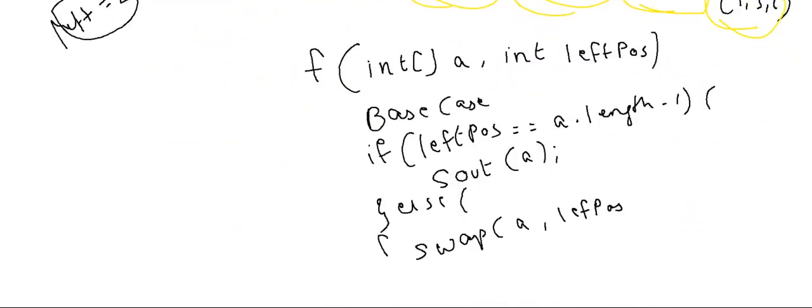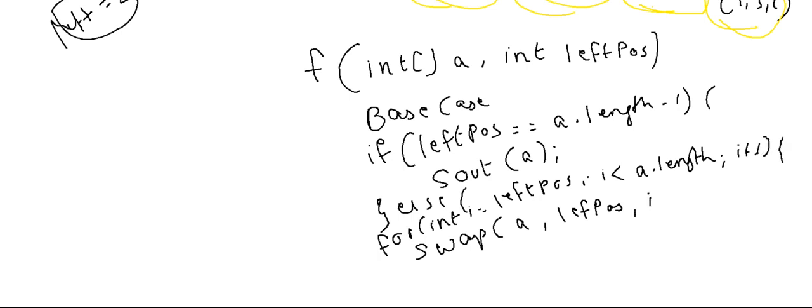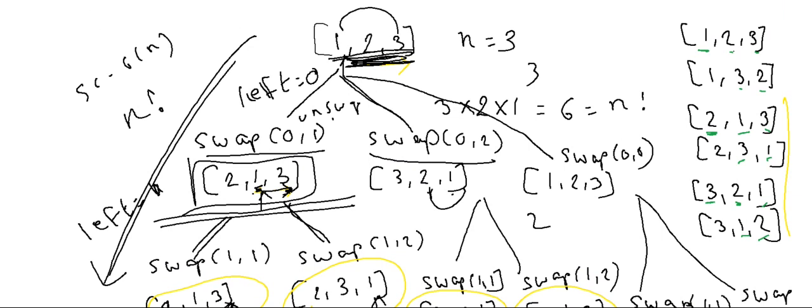So for integer i equal to left position, and i less than a.length, i plus plus, I'm swapping the element at the left position with the ith element, and then when I'm done with the swap, here I swap the element at 0th position with itself, here I swap the element at the 0th position with 1, and then I swap the element at 0th position with 2.